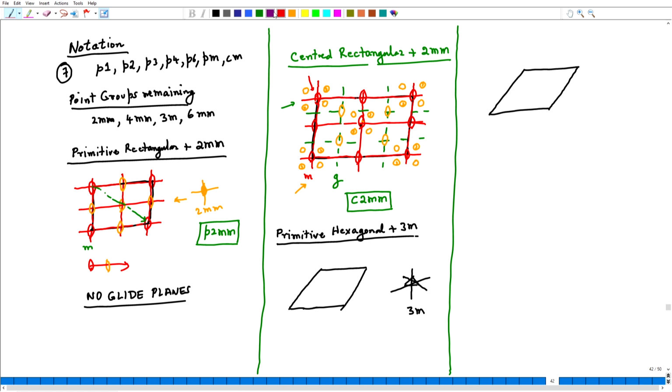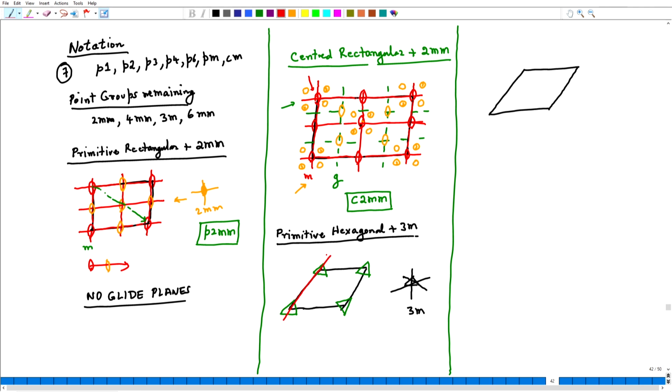Let us first look at along the cell edges. If I add it along the cell edges, so first of all let me add the 3 folds. And then add the mirrors. So, I am saying I am going to first add the mirrors along the cell edges.